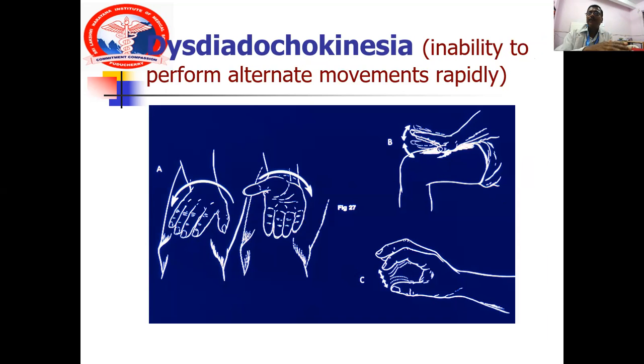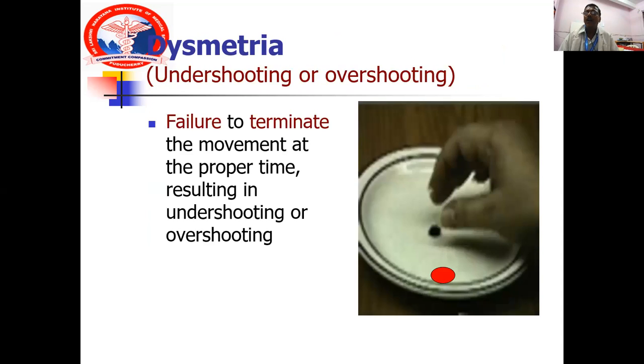Dysdiadochokinesia: inability to perform alternating movements. If the person has a cerebellar lesion, alternating movements are not possible. And dysmetria: undershooting or overshooting, a failure to determine the movements at the proper timing, resulting in undershooting or overshooting.